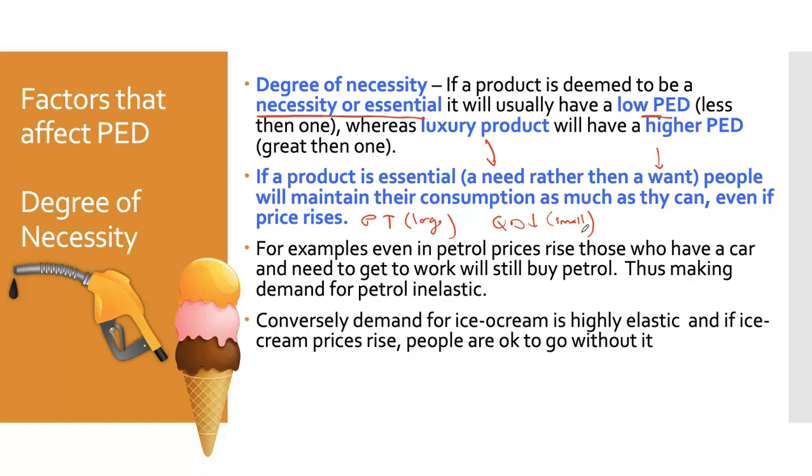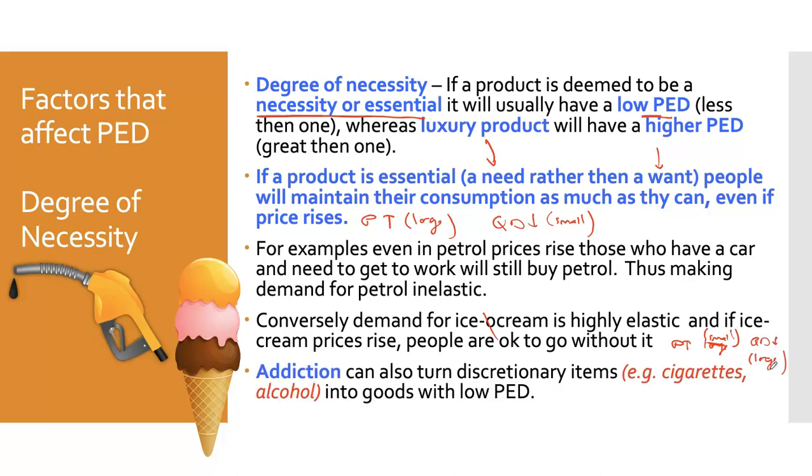Demand for ice cream, though, is highly elastic. And if ice cream prices rise, people are okay to go without it. So price increases that are large, or price increases that are small, will result in a quantity demanded going down that is quite large, because they can find other things to do.